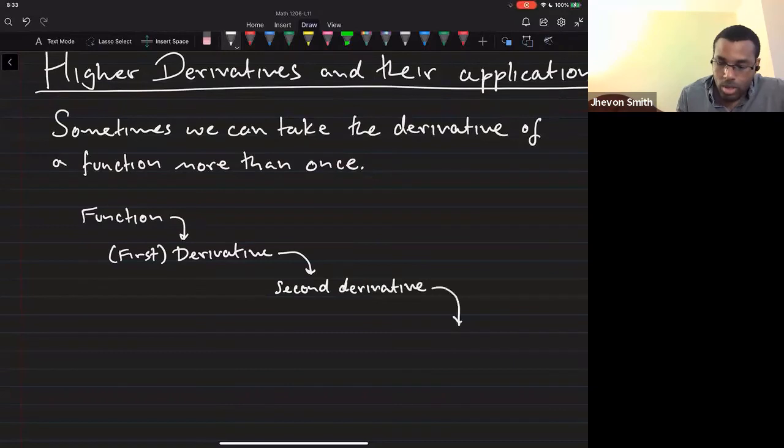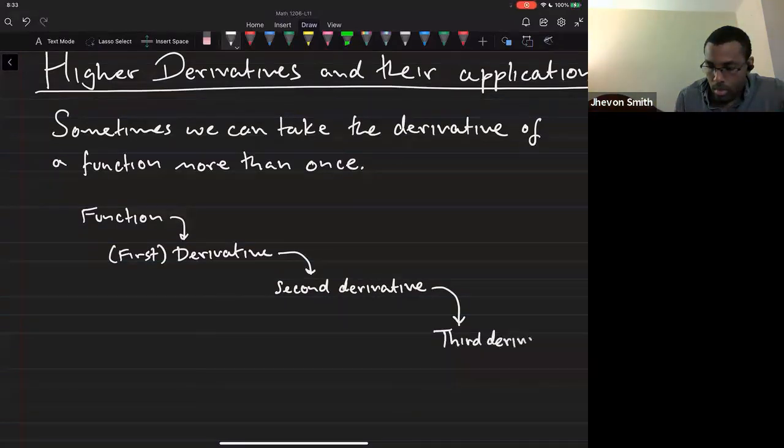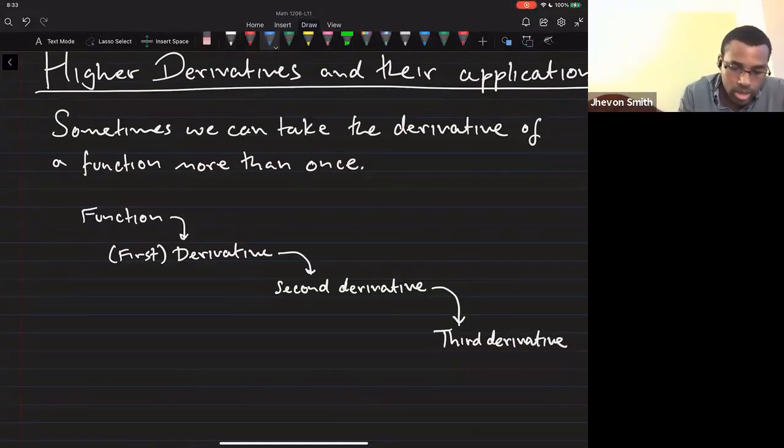And then you can find what's called the third derivative. These are just the derivatives of the previous thing. This is the derivative of the function. Here, this is the derivative of the derivative.